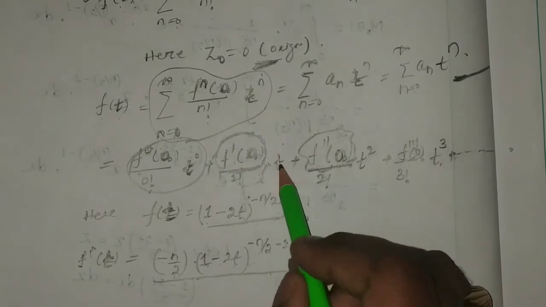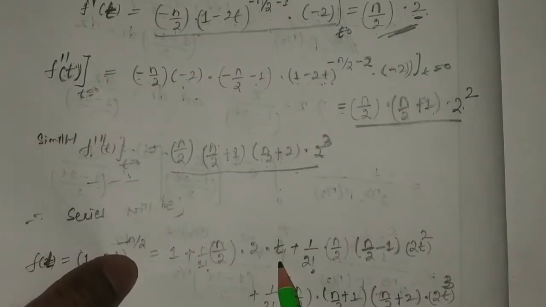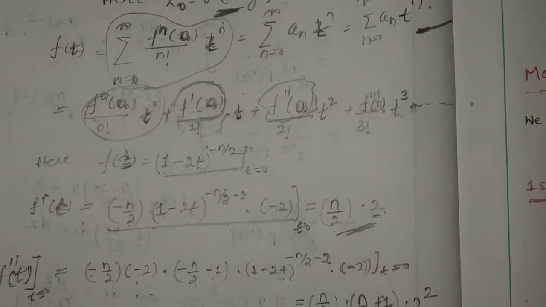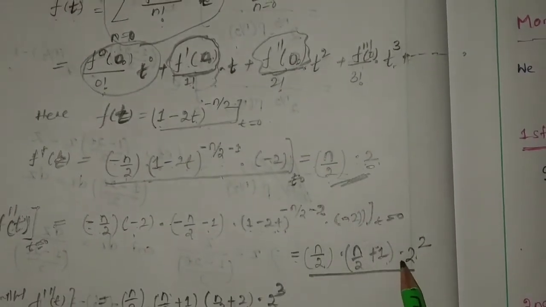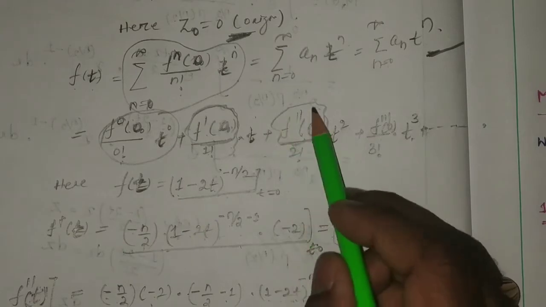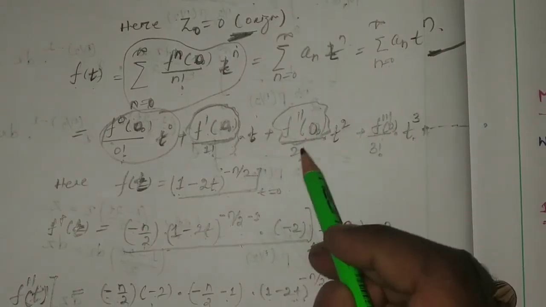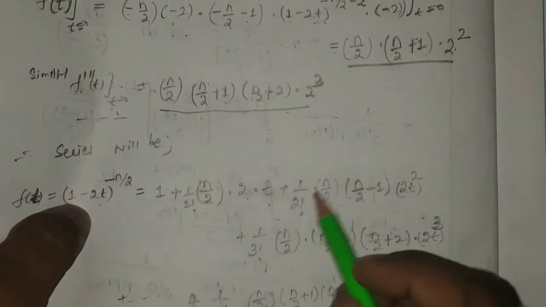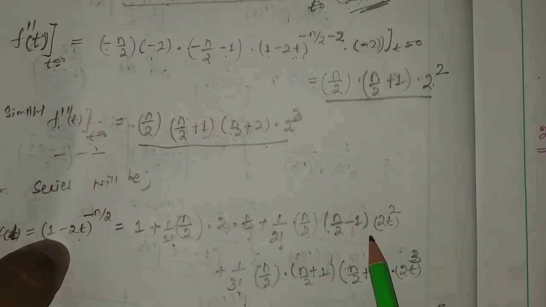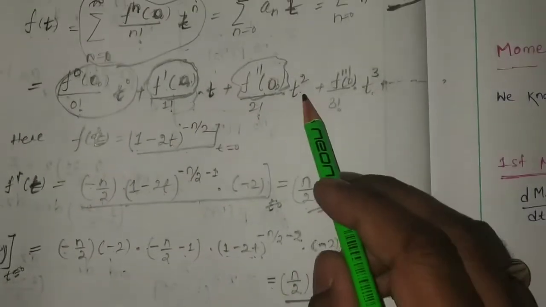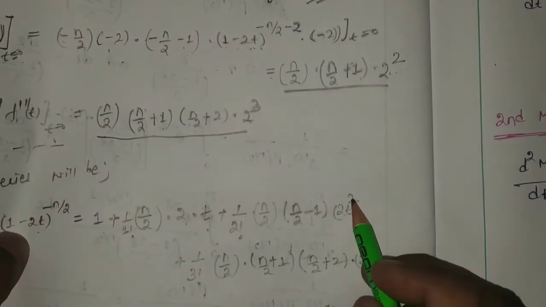Then this one f double dash 0 by 2 factorial, that means 1 by 2 factorial, this data into t square is there. So here 2 square and t square, I can write 2t whole square.